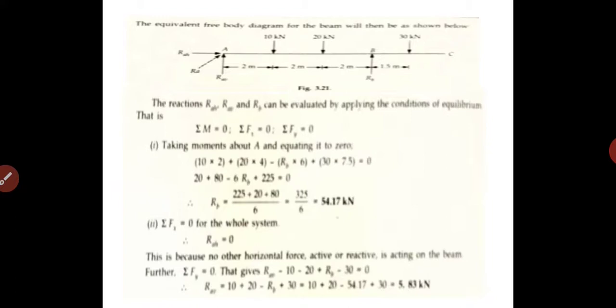Taking moment about A and equating it to 0, that is 10 into 2 plus 20 into 4 plus RB into 6, that is 2 plus 2 plus 2, 6, plus 30 into 7.5. How?